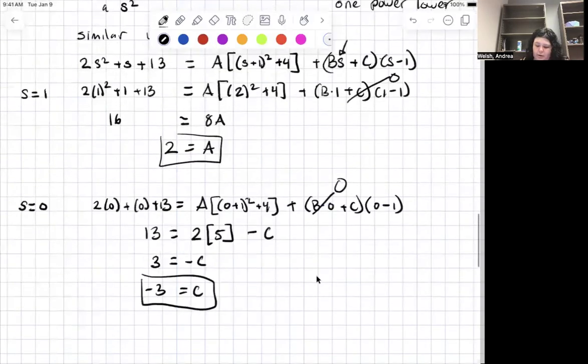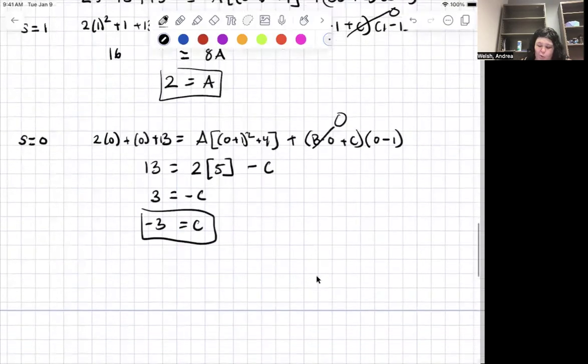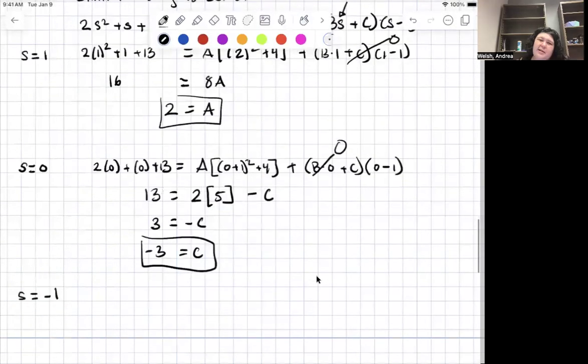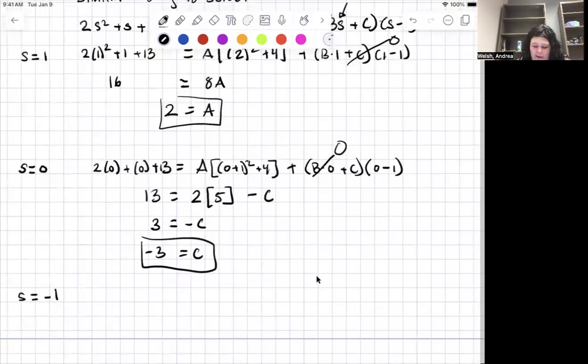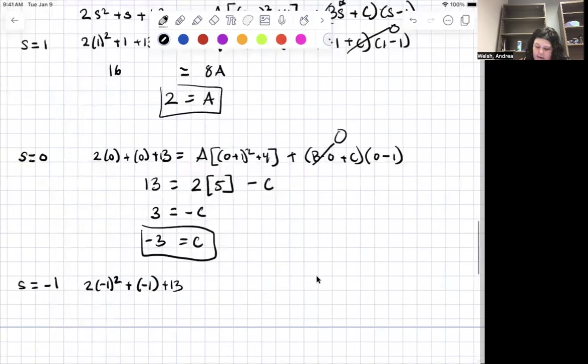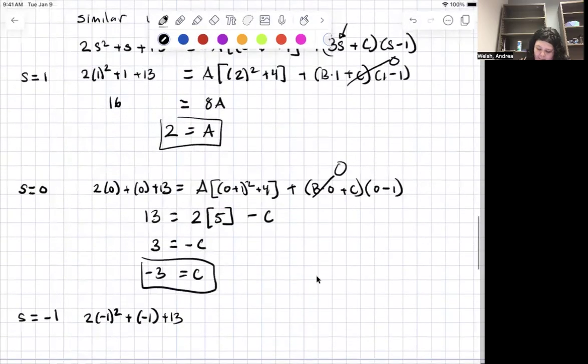For the third choice, you can really use anything you want. I'm going to go ahead and use S equals minus 1 because since I'm squaring things, I want to keep the numbers relatively small. And minus 1 is a good option for that since I've already used 1. But also, I do see that there is an S plus 1, right?